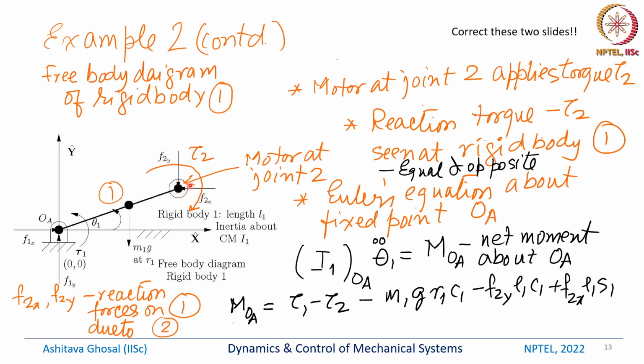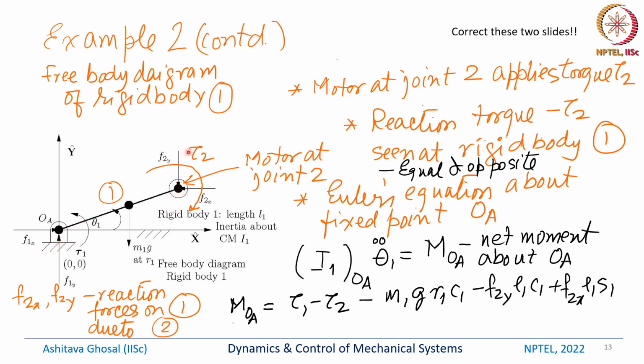So there is an F1x and an F1y. Likewise, when you break the second link away from the first link, we have to say that there is a reaction force coming from the second link onto the first link. So this is F2x and F2y. These directions are chosen randomly. You could have chosen in some other way. So F2y is this way and F2x is this way.